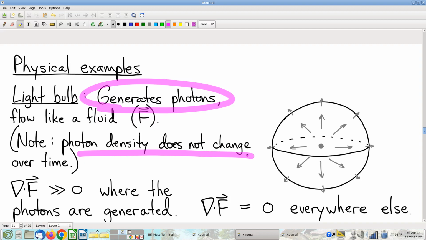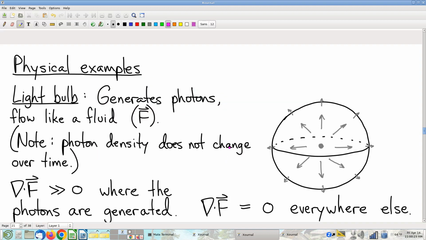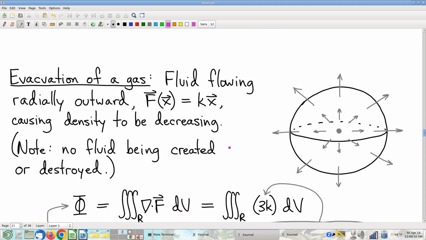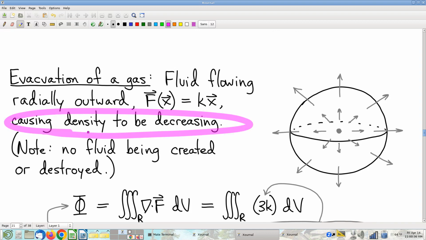So they're being created and they're just passing through wherever they go past. Let's say the fluid is being created, but the density is constant. And it's the opposite here. Here, the density is not constant. As the gas expands, the density is decreasing. The density is the thing that's changing.